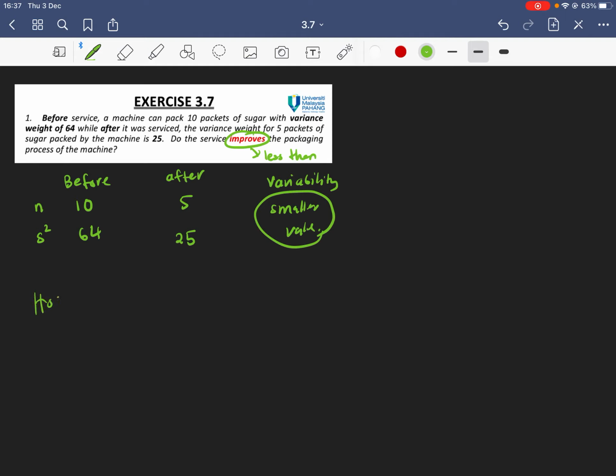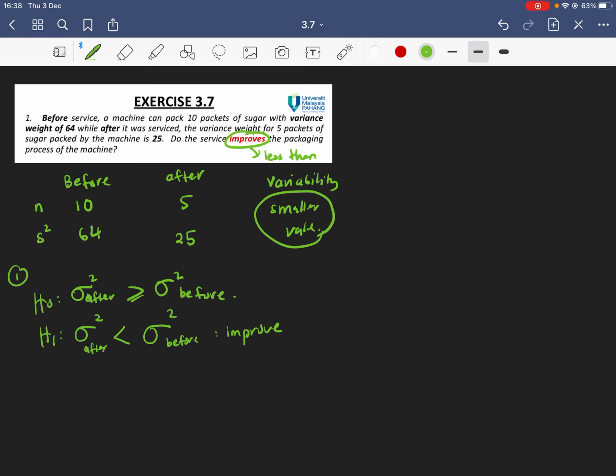So the H null and H1, so variance after must be smaller than variance before. Then the service will be improved. So here sigma square after greater than sigma square before.